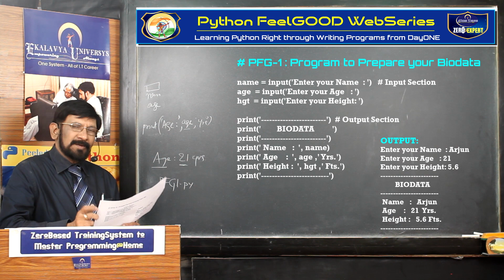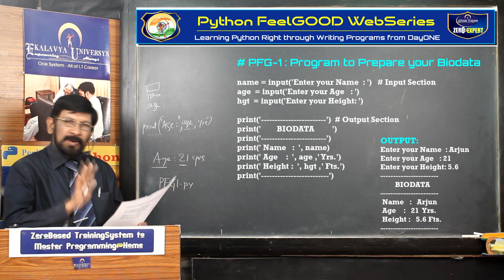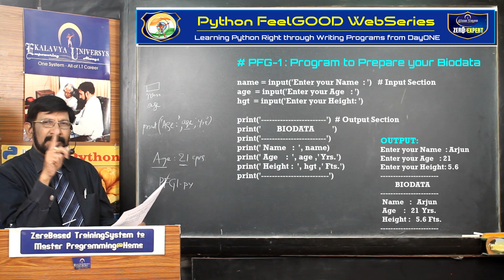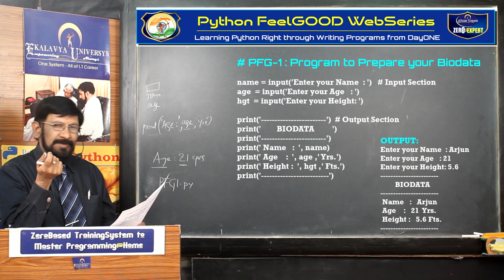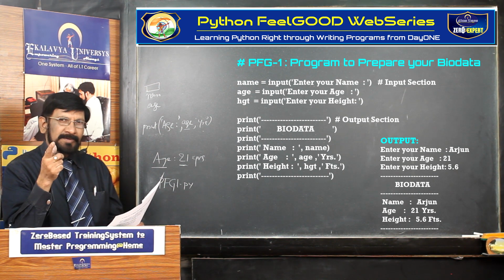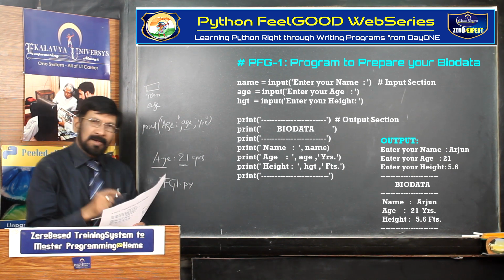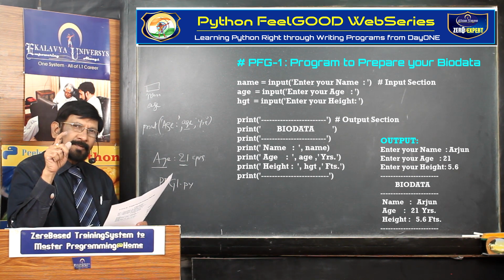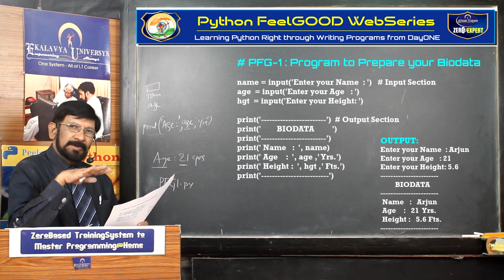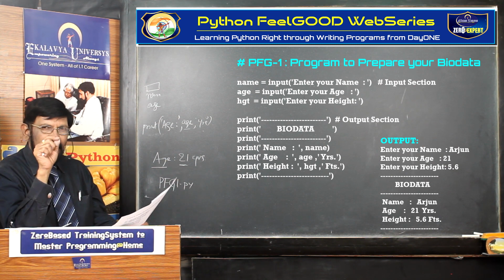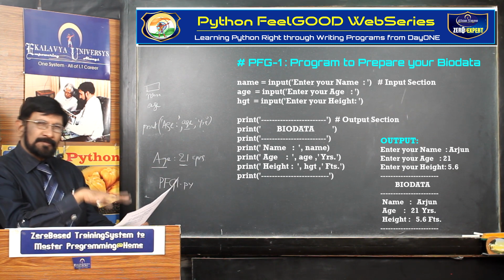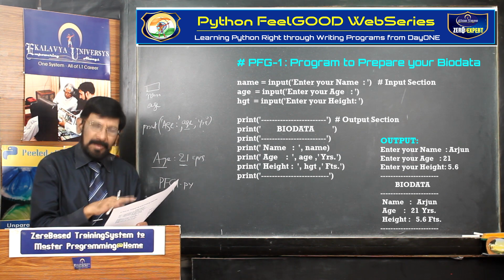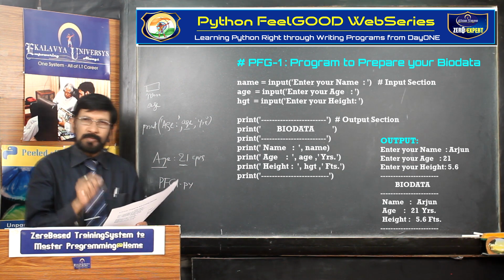You write PFG1.py, and your program is saved. Thereafter, you execute it. Execute means, on the top, I already explained the GDB compiler. For saving, there is one button, using that you save it. Thereafter you run, that is, execute it. If no errors are there, then your program outputs like this.